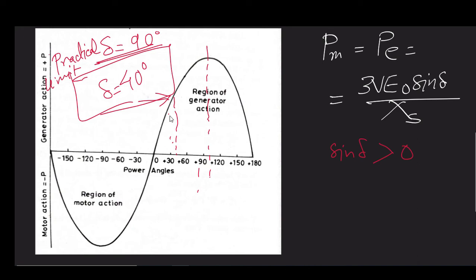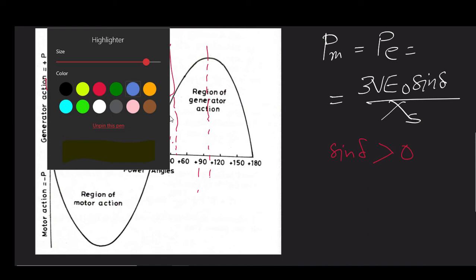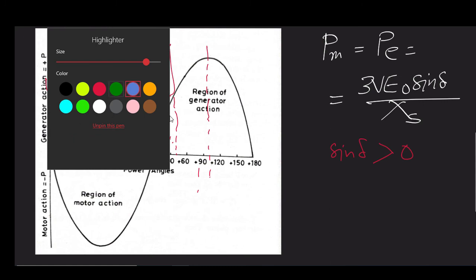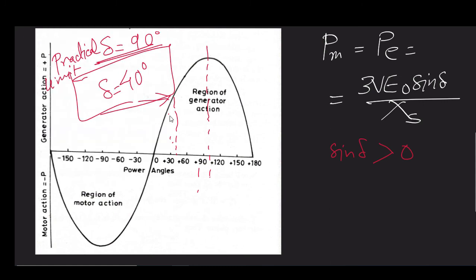What I am trying to say is, in reality, if we need to shade a band region, this is the region which we can actually cover. The range of delta between which we can operate. Right.